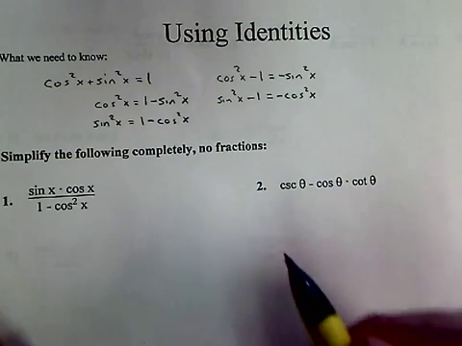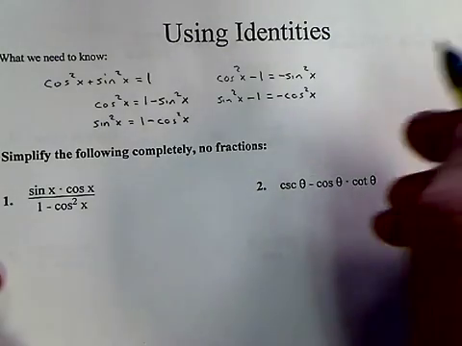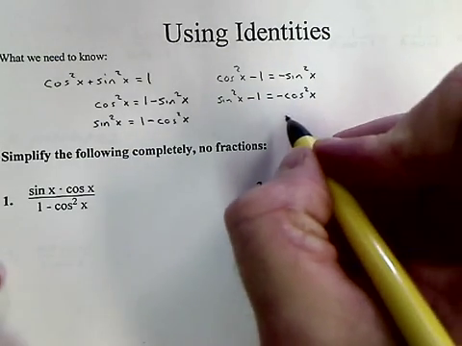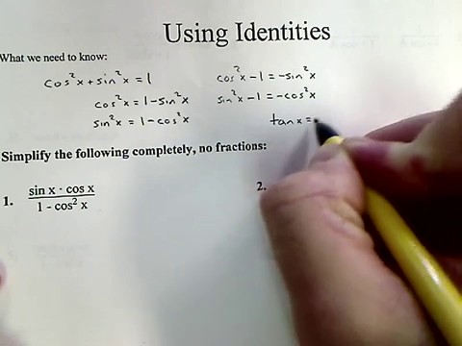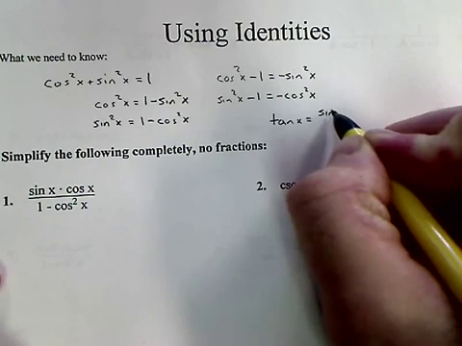Okay, the other identity rules that you're going to use quite often are remembering that tangent is made up of sine over cosine.